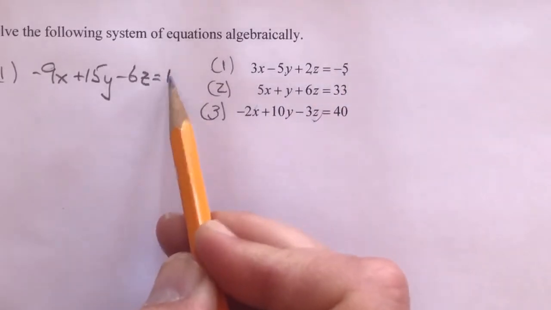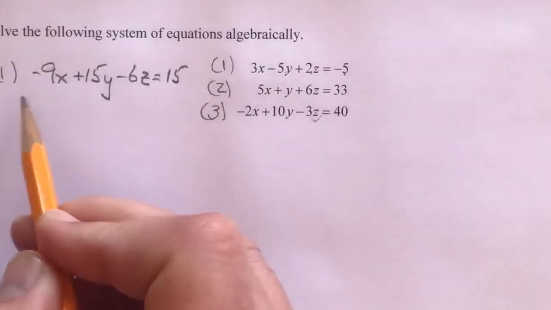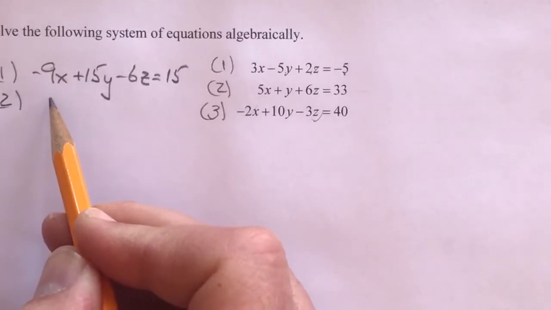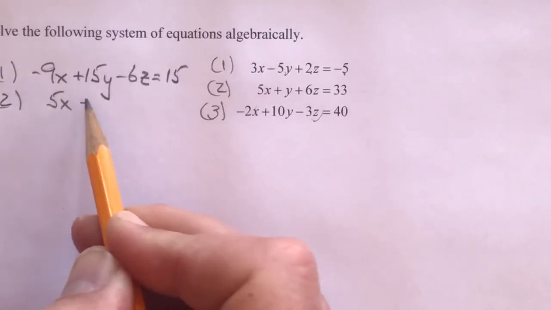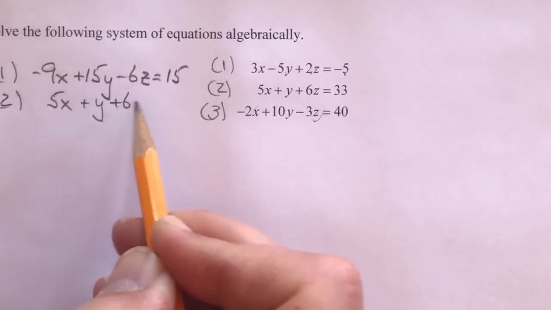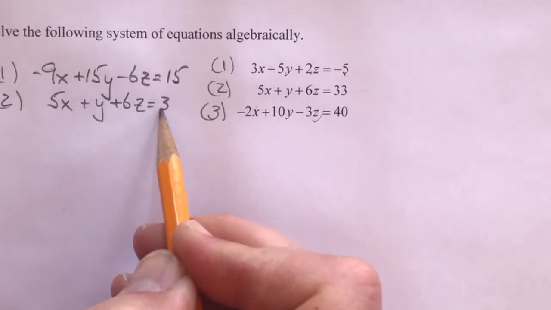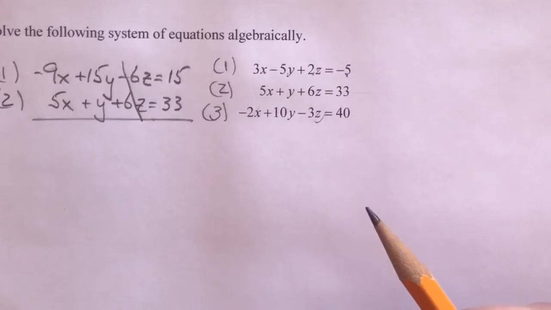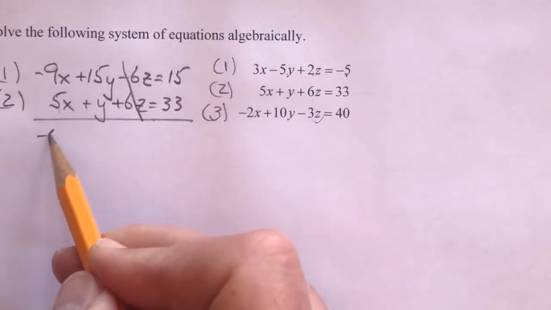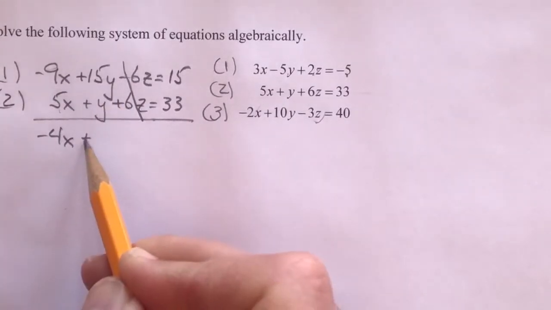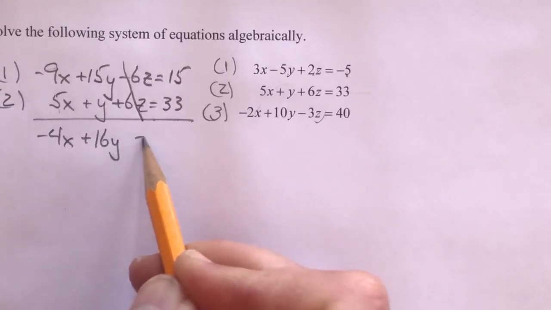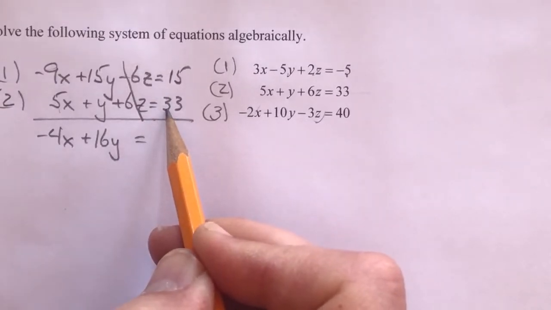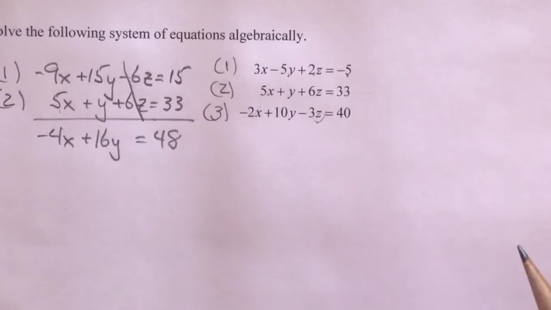You get positive 15. All right, now I'm going to put equation 2 underneath it. Not changing that one. I always want to add, so these cancel. That was the goal here. So I'm getting negative 4x, 16y equal to 48.